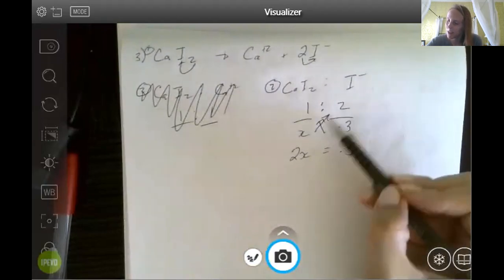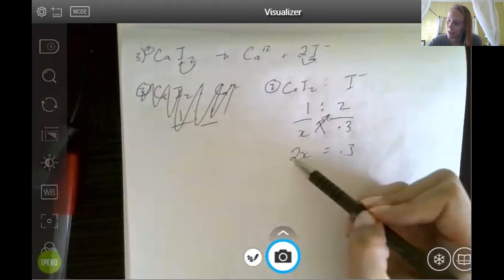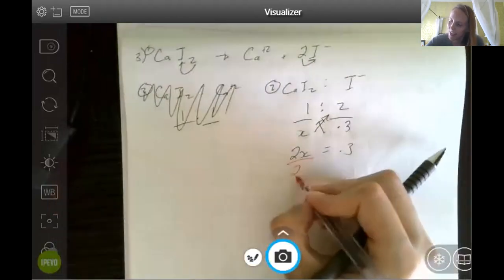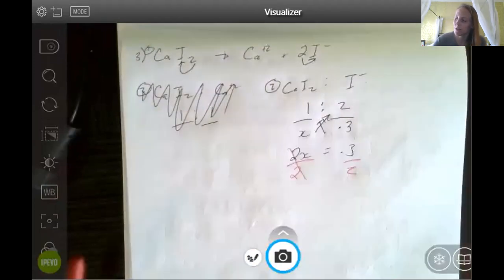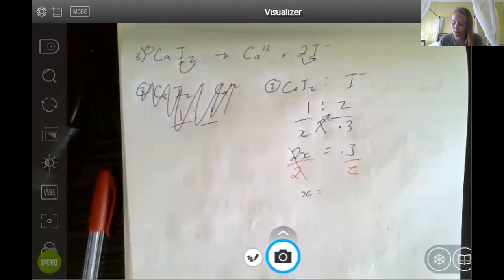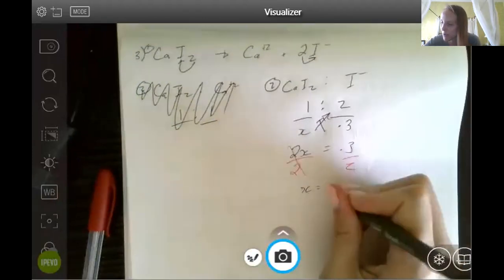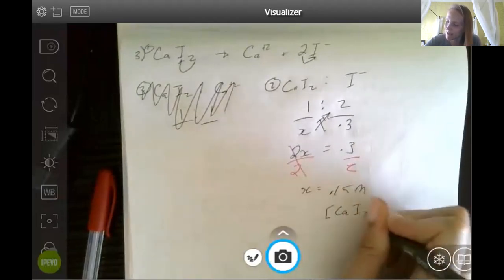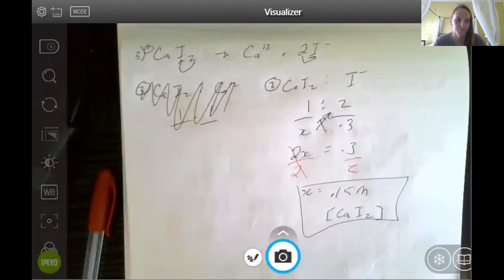When I cross multiply, X times 2 is 2X, and 0.3 times 1 is 0.3. And then to isolate the X, I need to divide by 2. So X equals 0.3 divided by 2, which is 0.15 molar. That is the concentration of my calcium iodide.